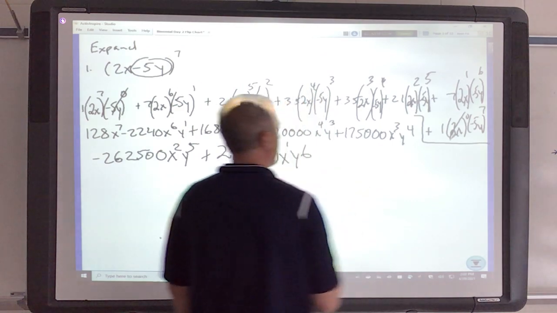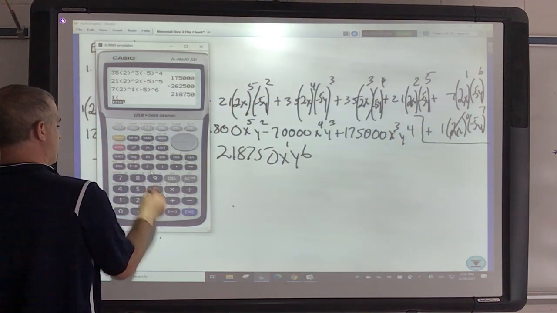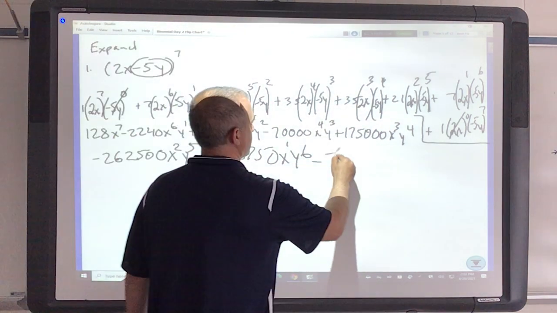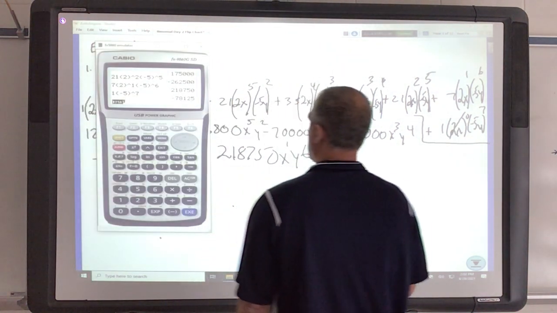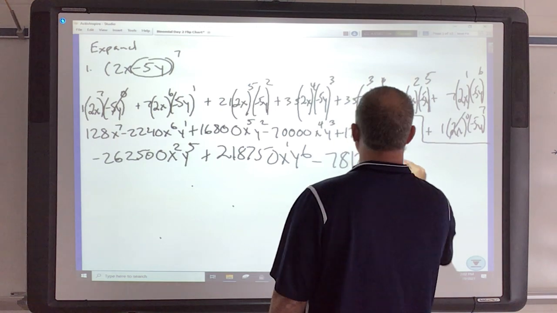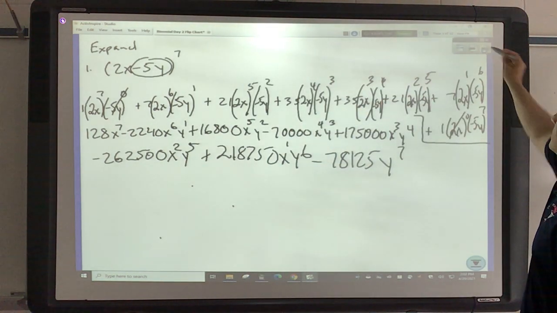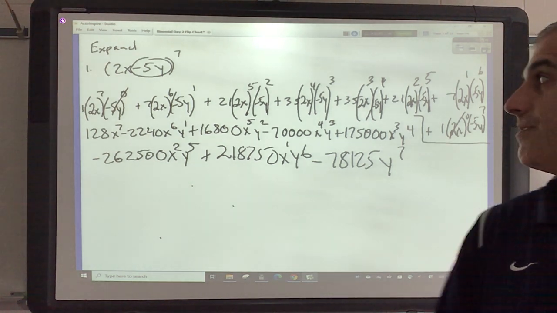This one I know is going away, so I've got 1, negative 5 to the 7th, negative 78,125 y^7. So pretty big there.